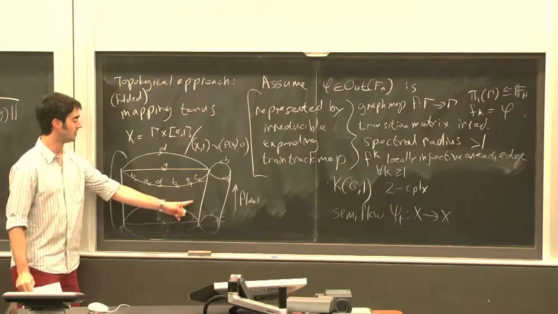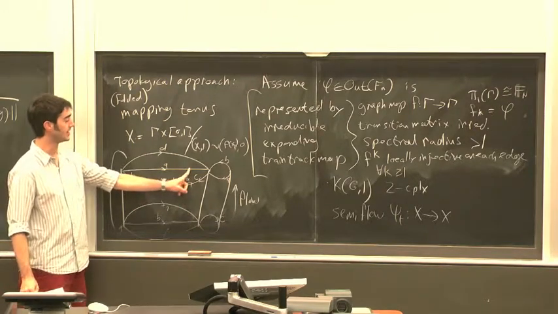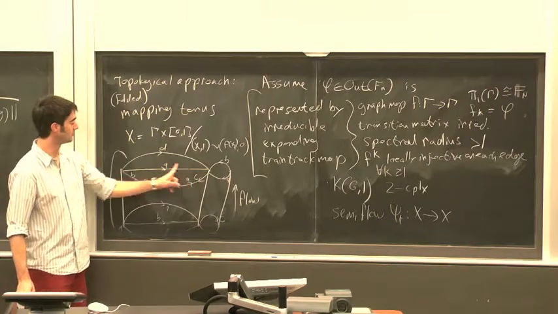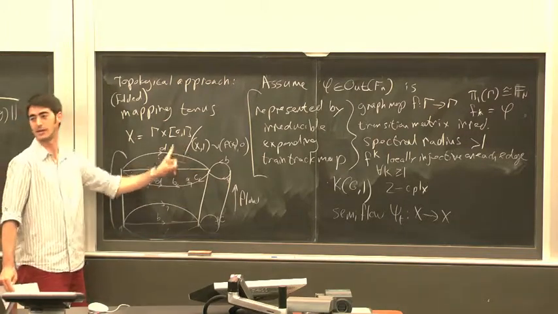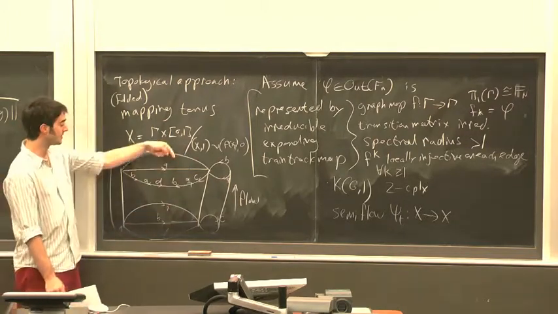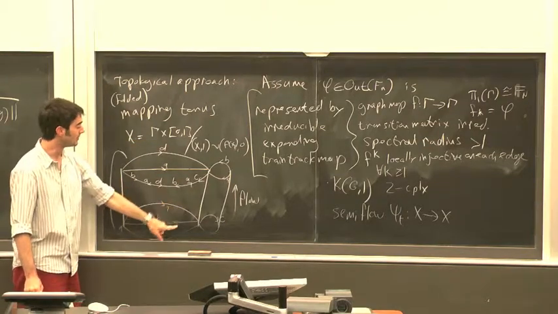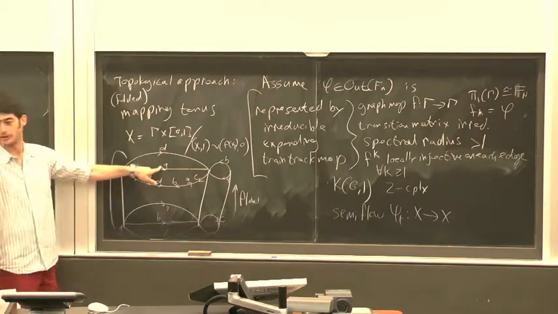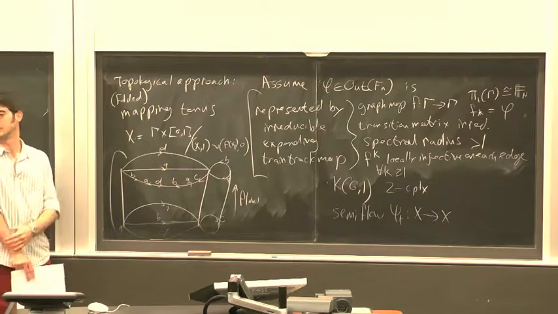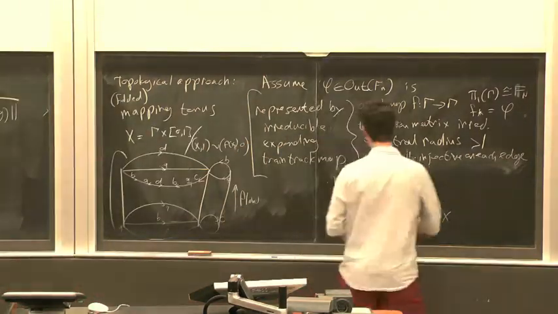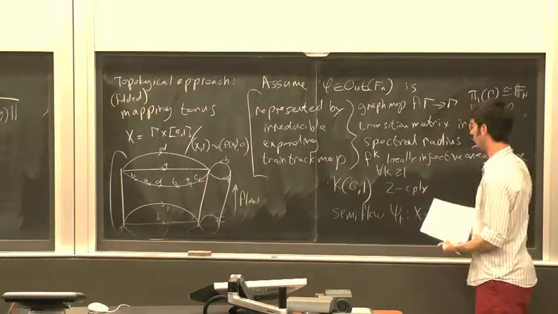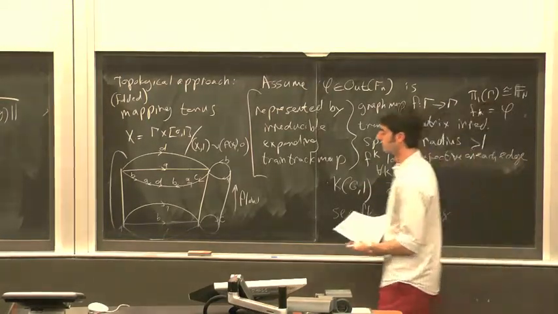If I start somewhere in this thing, I just go up until I hit an edge, I hit the top, and then I look at my label, I see where I go down there, and I keep going up until I hit the top again, and I repeat. I can't go down, because if I go down and hit this edge A, am I supposed to come out here or here? I don't know. So I only get to go up, not down. It's a semiflow. So this is a topological space with a nice flow on it. It's a nice dynamical system.